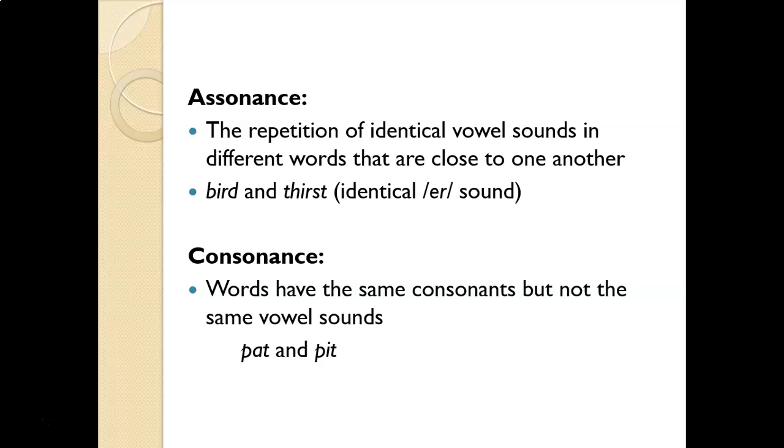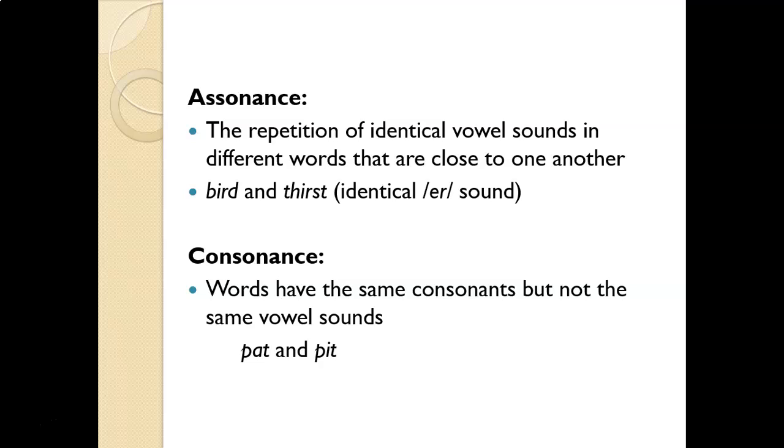Take this example: bird, thirst. In both these words, the vowels are similar. Or there could be another vowel sound, for example, clay, may, decay. If these words are placed closely in a line, they would give you an assonance.